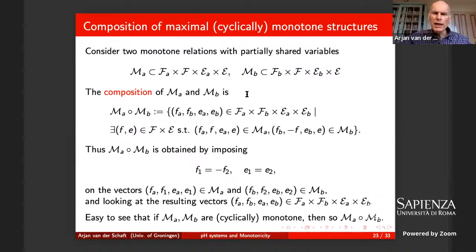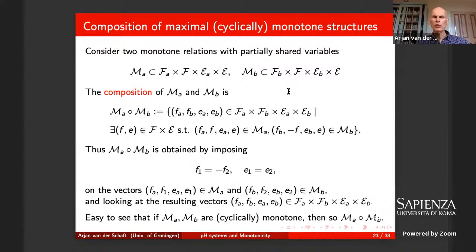So how do we define this? Well, let's take an MA involving FA and F and EA and E, where this F and E is also present over here, and here we have FB and EB.